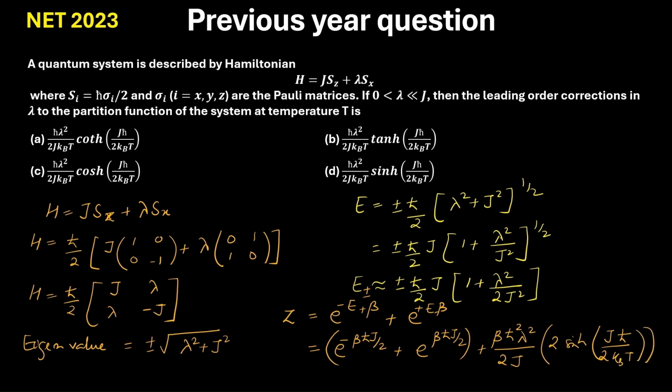So this is the expression. Now in this expression, this term is due to the perturbation. So this is the answer. If I check, instead of this beta, you can write 1 by kBT. So if I try to match, option D is the correct answer.